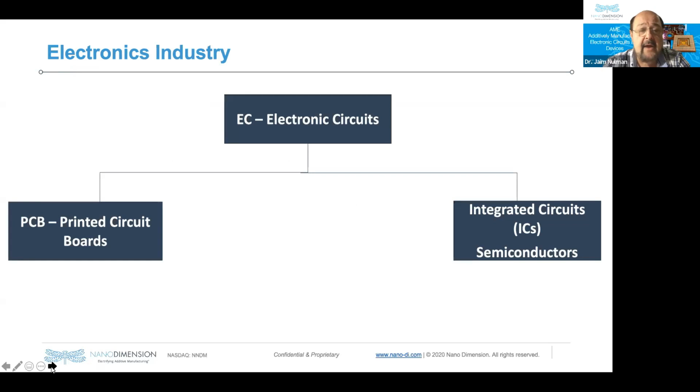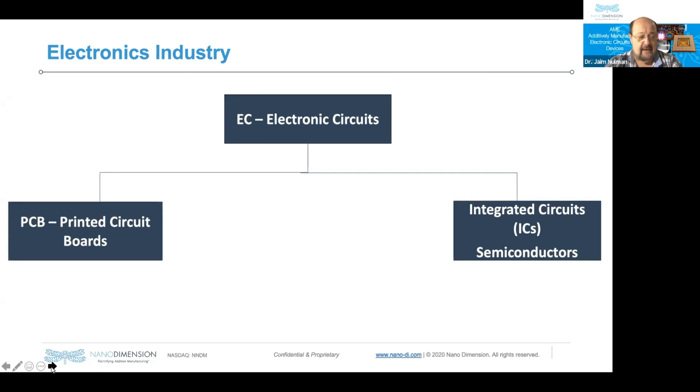So if we look at the electronic circuits in general, so far they have been divided between the basic integrated circuits in semiconductors, and then the integration of those package devices into the printed circuit boards for making the products that we look and use today.